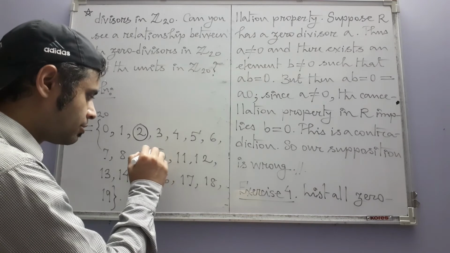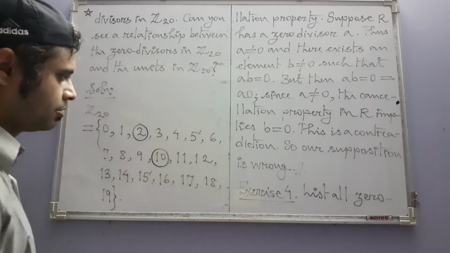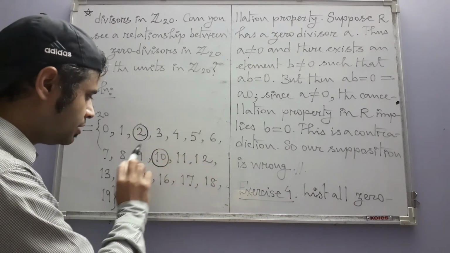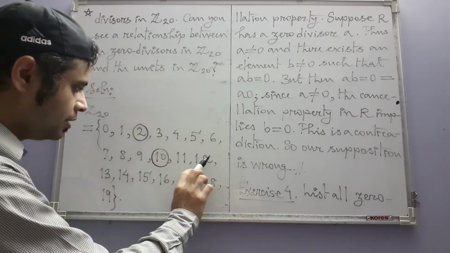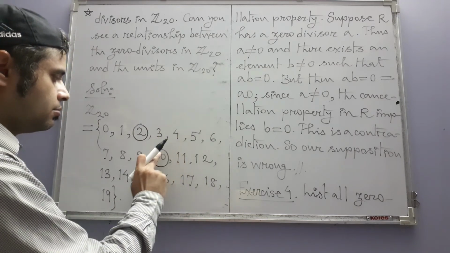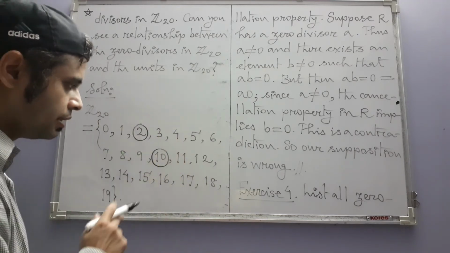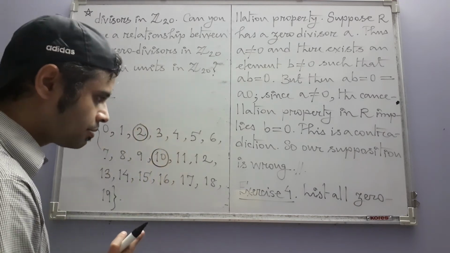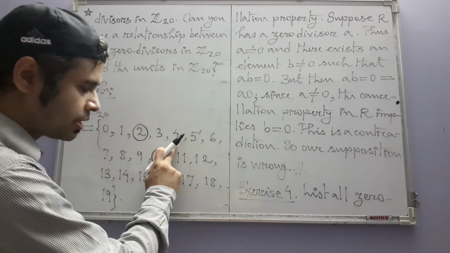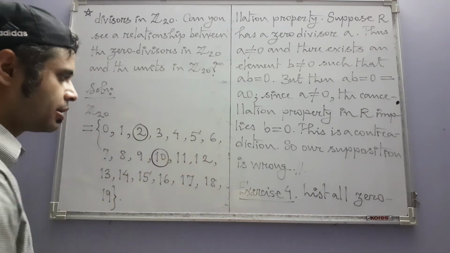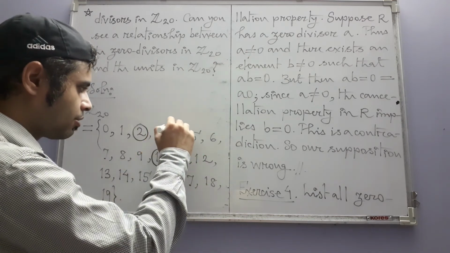So 2 is a zero divisor, 10 is also a zero divisor. And because you will get a factor 2 from every even integer, you can multiply, for example, 4 times 10 is 40, which is divisible by 20. So with respect to that operation, 4 times 10 is 0. Like that 6 times 10 is also 0. So these are all zero divisors.